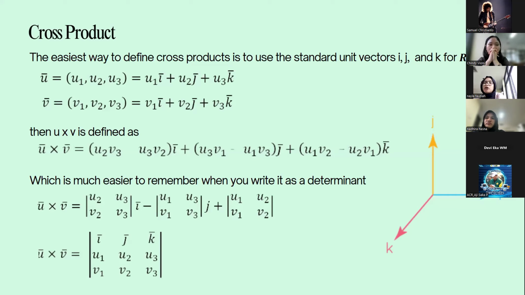If u is u1, u2, u3, and v is v1, v2, v3, then the vector u multiplied by vector v is defined as (u2 v3 minus u3 v2) multiplied by i plus (u3 v1 minus u1 v3) multiplied by j, and plus (u1 v2 minus u2 v1) multiplied by k, which is much easier to remember when you write it as a determinant.